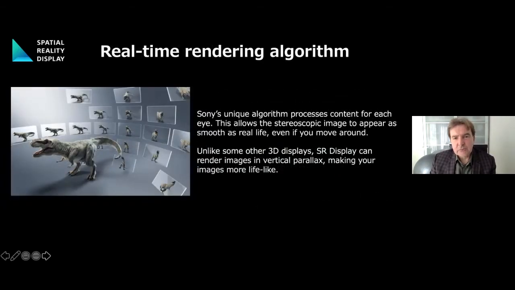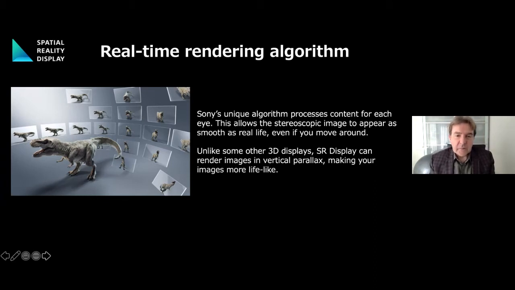And then finally, the real-time rendering algorithm. The display and the sensor are interacting with the PC and your model in Unity or Unreal, and your model is being re-rendered depending on your eye position and head position in three different axes: vertical, horizontal, and depth.